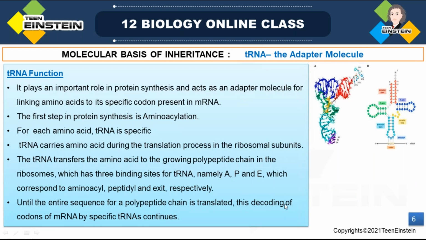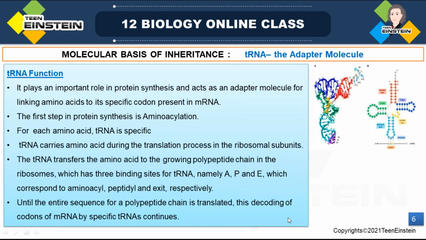A, P and E. We'll mark them as A, P and E. A means the amino acyl site, P is the peptidyl site and E is the exit. So the ribosome has 3 binding sites for tRNA: A, P and E. A stands for amino acyl site, P for peptidyl site and E for exit.